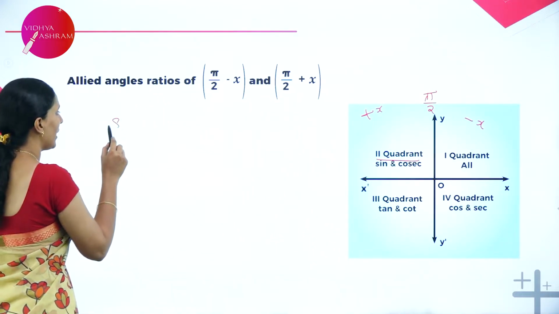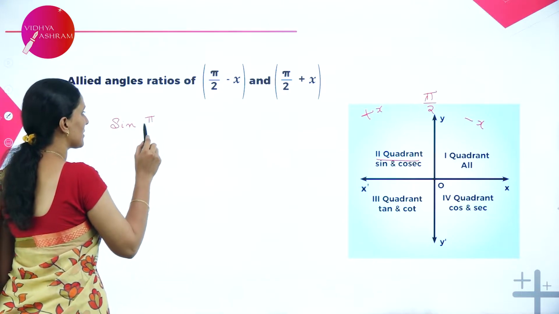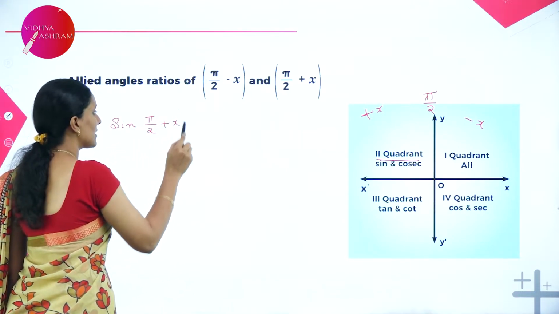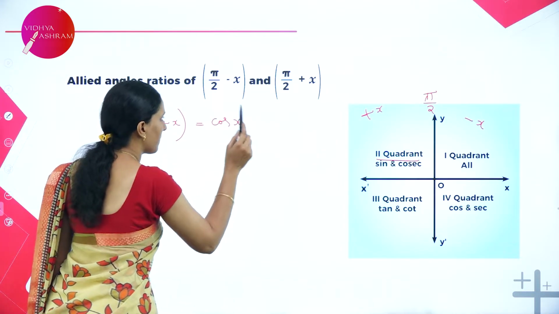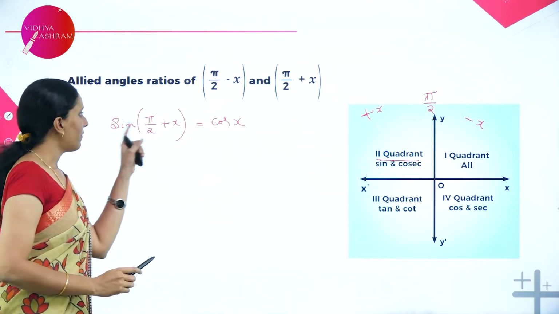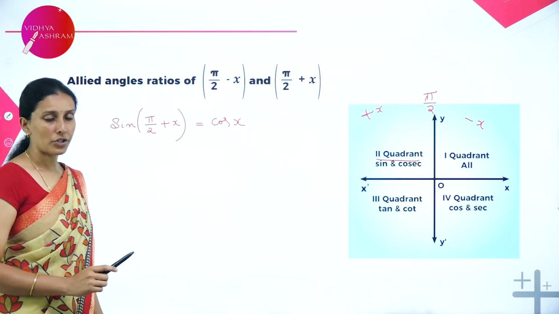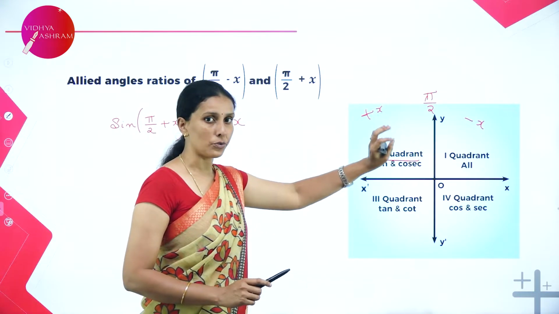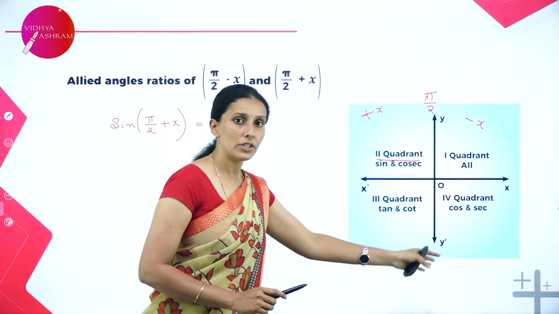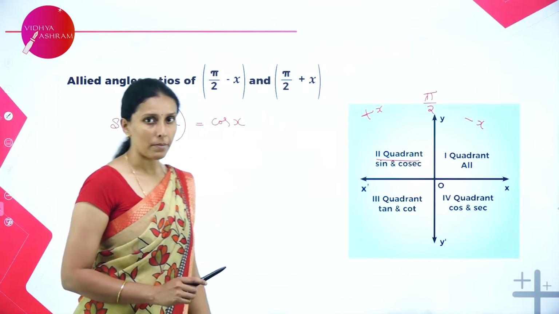Like if I take sine of pi by 2 plus x, sine of pi by 2 plus x is same as cos x. So the function changes to its co-function whenever the angle is written as a sum of pi by 2. It is the same as the angle when it is written as a sum of 3 pi by 2.